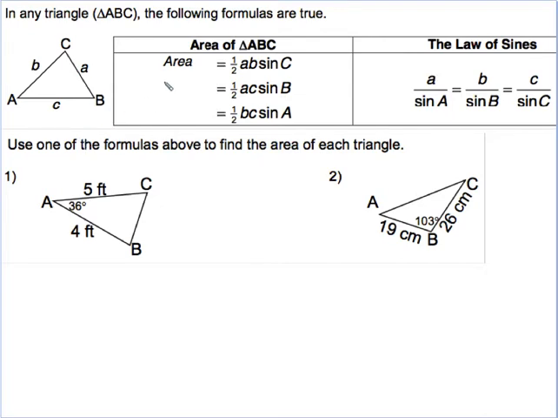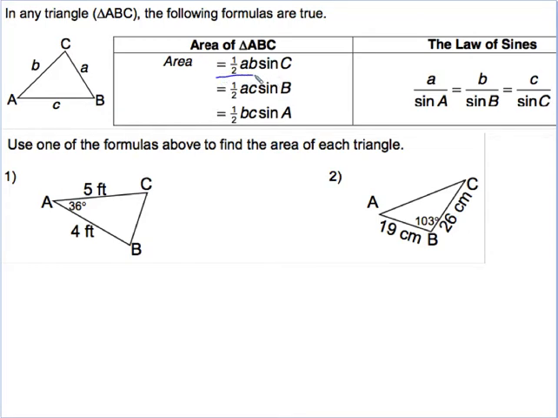So this will be invaluable to use if you only know maybe 1 or 2 sides and 1 or 2 angles. Also, I know that my area formula is 1/2 base times height, and when I find the heights of all my triangles, I will figure out very quickly that my height ends up getting factored out.